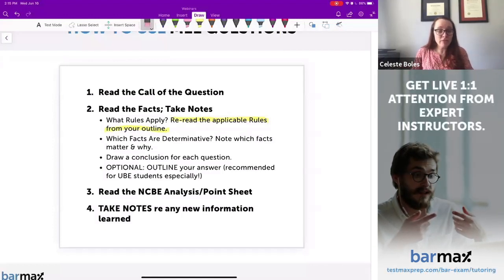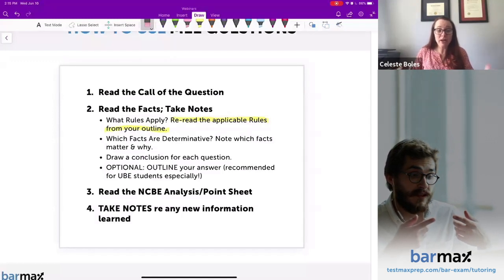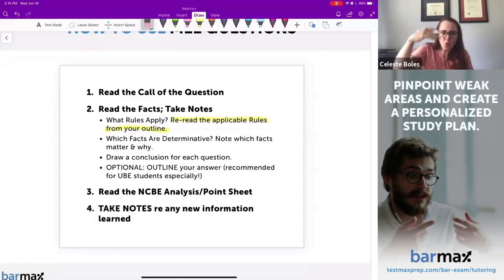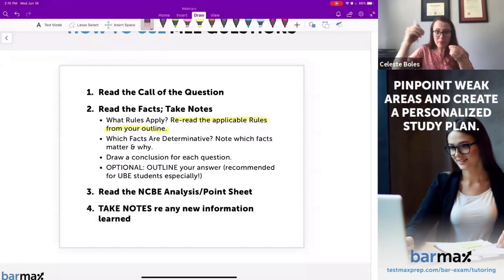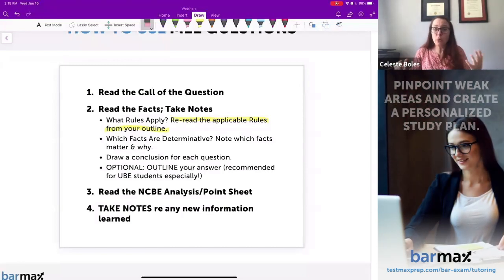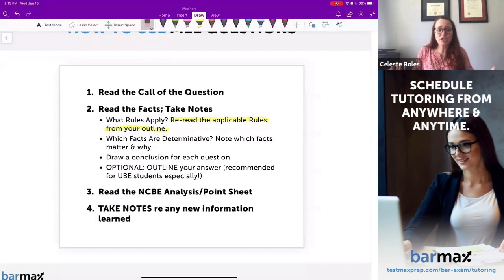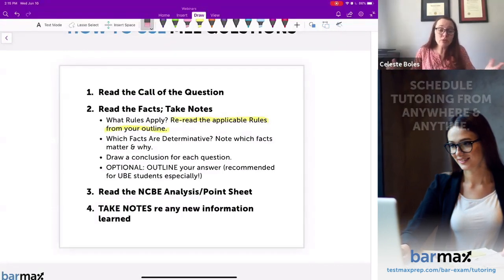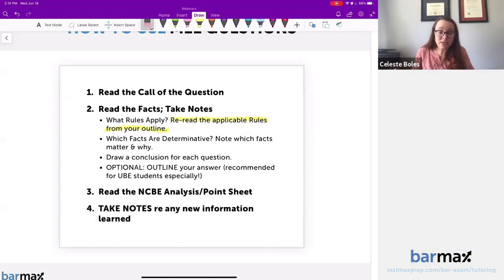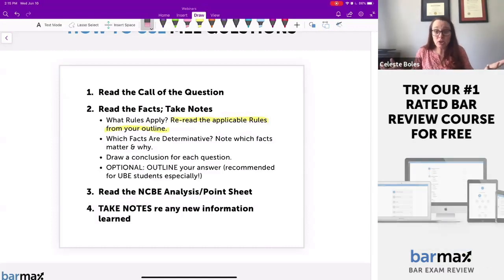You'll ask yourself which facts are determinative, which ones matter and why. And then for each question or issue, or maybe even sub-issue that you identify within each question, you'll draw a conclusion. Now, if you want to, you can go ahead and outline an answer. You can even write an answer if you feel like you're still working on that.